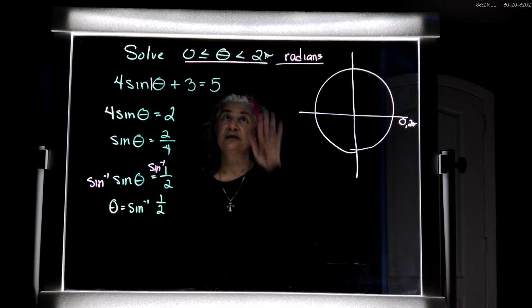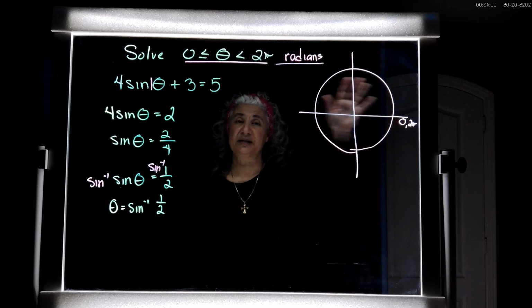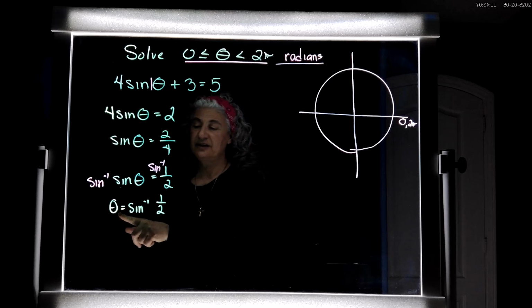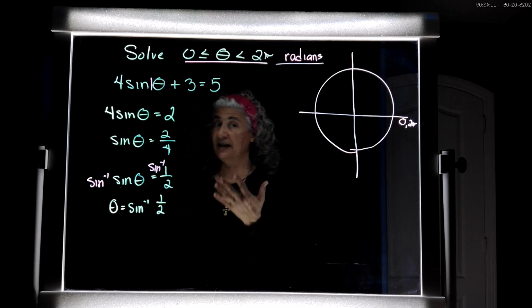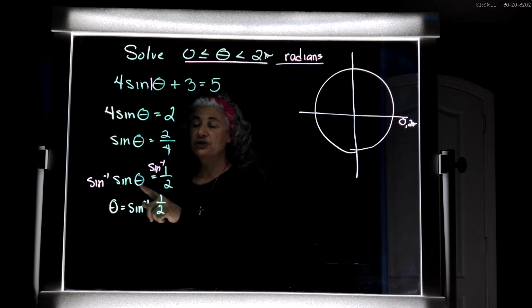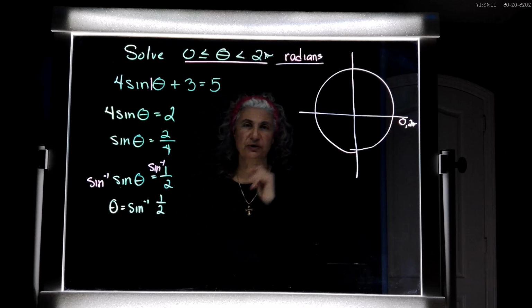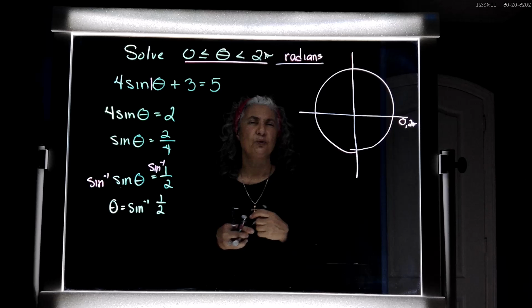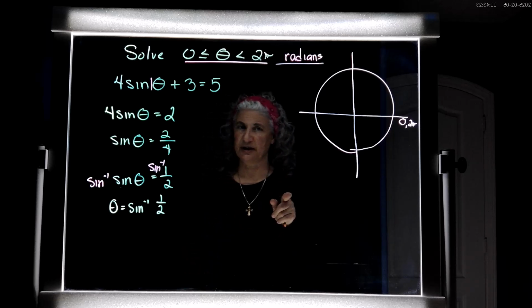So remember, the restriction is asking us to look at the entire circle. Here's the deal. We're trying to find the theta that when we take the sine of it gives us a 1/2. Are you with me? That's basically what we're doing. So let's deal with first things first. Sine: which variable does it pertain to, x or y?